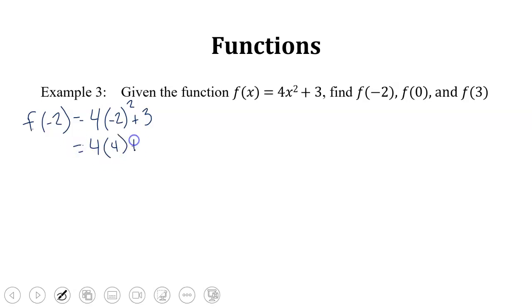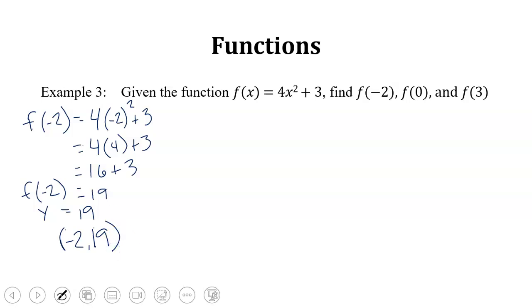So 4 times 4 plus 3. 4 times 4 is 16, plus 3 is 19. So f of -2 is 19. But remember, that's really just y equals 19. If I wanted to write this as an ordered pair, my x that we plugged in is -2, and then our y was 19. So that's a point on this function.